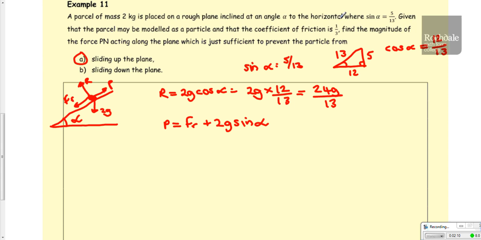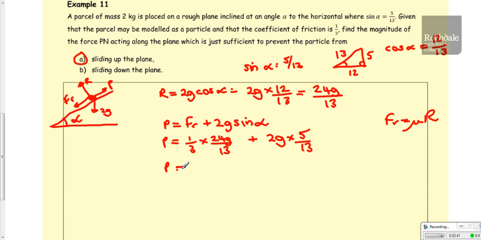Now, it tells us in the question the coefficient of friction is a third, and because we're in limiting equilibrium, because we're just on the point of sliding up the plane, we know that the friction will be equal to mu times R. So, mu is a third, R is 24g over 13, so that's the friction, and then we're going to add 2g, and its sine alpha is 5 over 13.